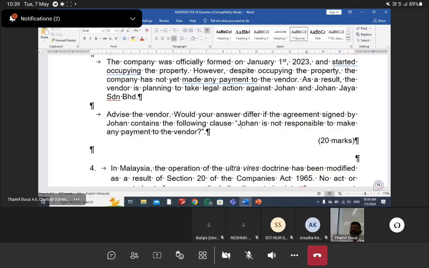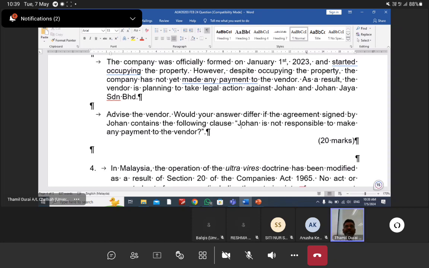So you must state that I'm entering into a contract on behalf of the company. If the company failed to ratify, please don't subject me to make the payment, that means I shall not be responsible. So that is the correct wording. If the company failed to ratify, you give a clear indication that you are entering into a contract for a future company yet to be formed.